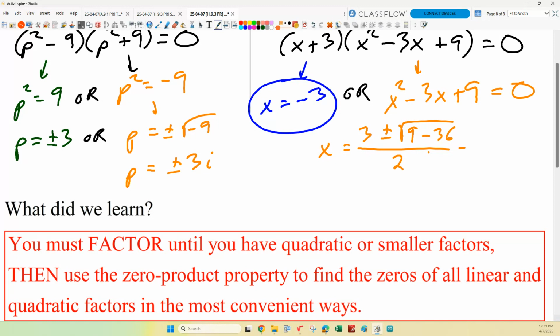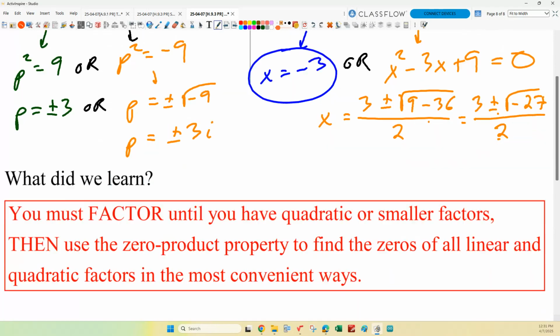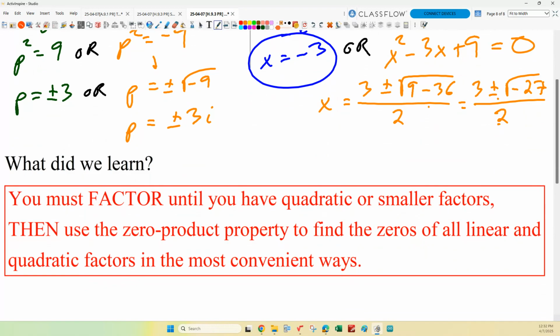So I get 3 plus or minus square root of negative 27 over 2. And what's the square root of negative 27? I could break it into square root of 9, which is 3, times square root of 3. 3 outside, 3 inside. Negative inside becomes an i outside. And so I end up with x equals 3 plus or minus 3 radical 3i all over 2.